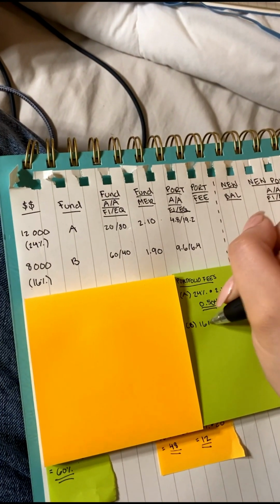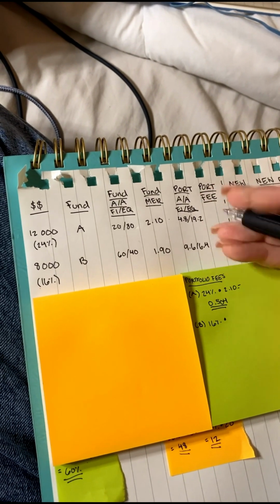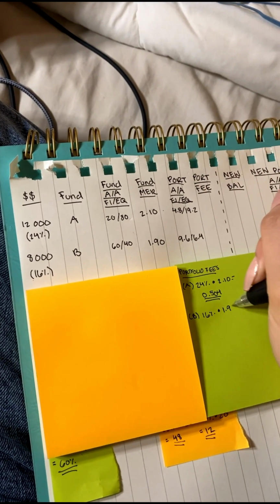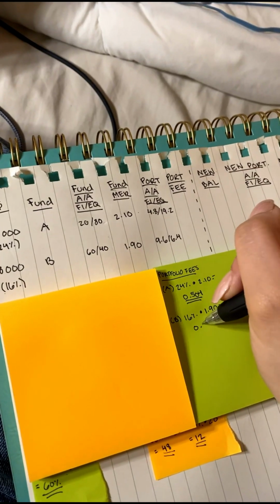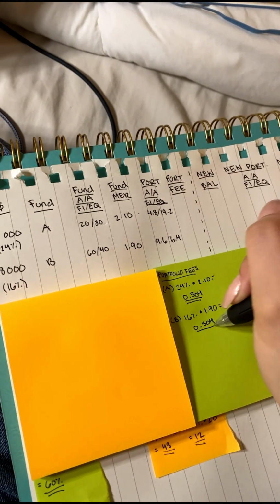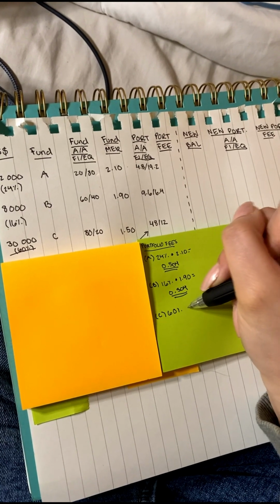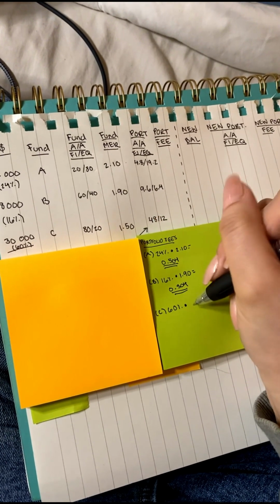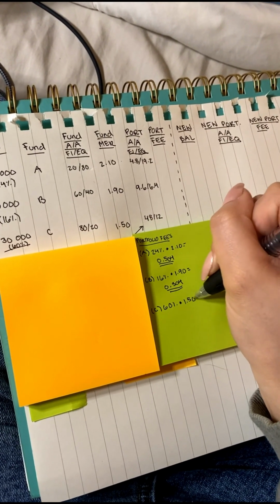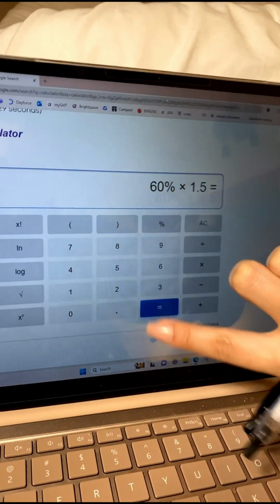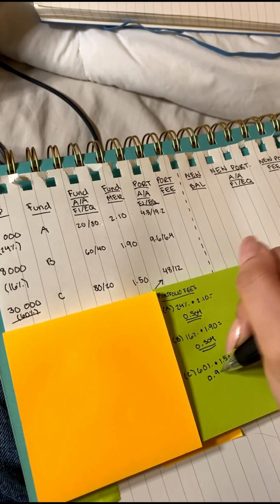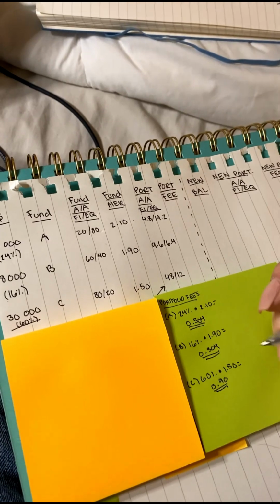So it'll be 16% times 1.90 MER equals 0.304 portfolio fee. And then for the third row, it's the exact same thing. So your 60% times 1.50 MER gives you 0.90 portfolio fees.